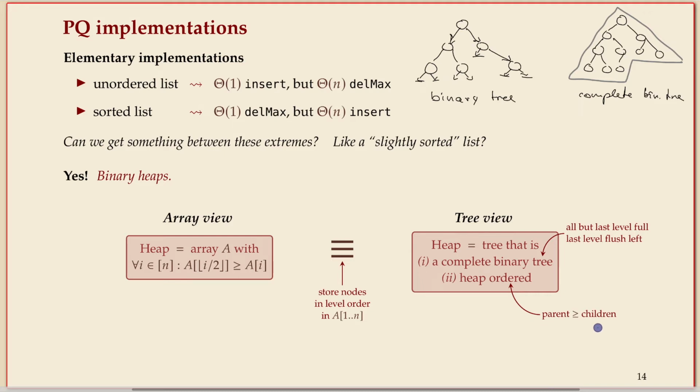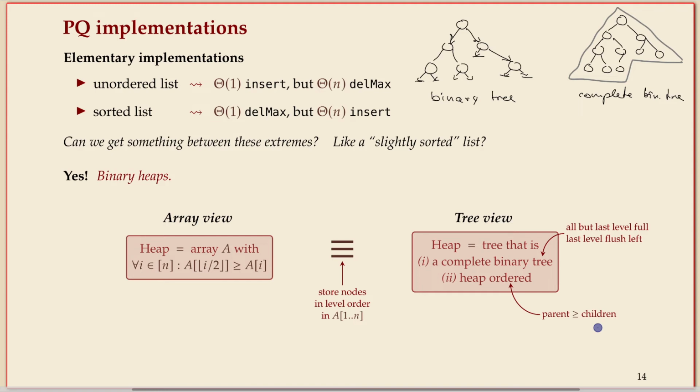And if you think about it, if this is true, then the root must be the largest element in the entire thing. Just by induction, right? The root is bigger than its children, and these are bigger than their children, and so on and so forth. Okay.